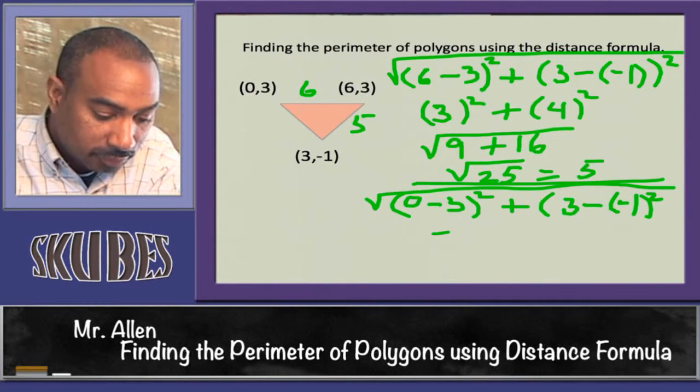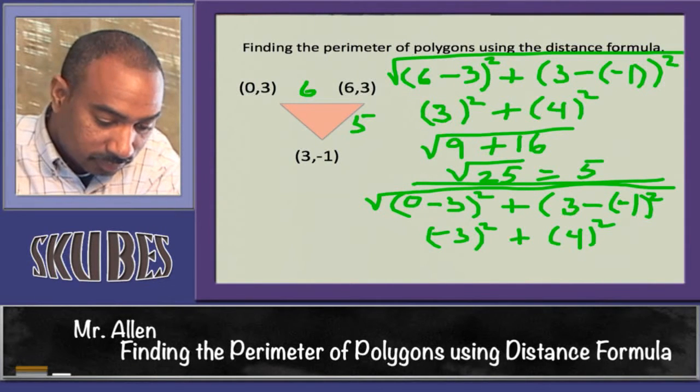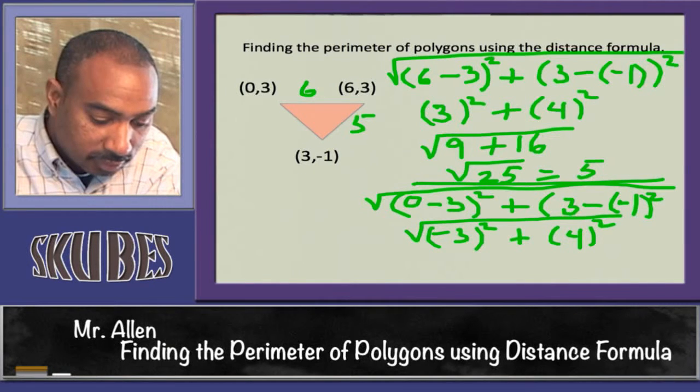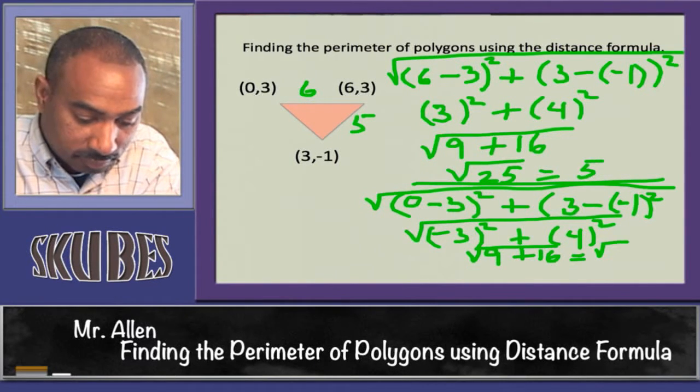So this is negative 3 squared plus 4 squared. That gives us 9 plus 16. And again, you're going to get the square root of 25, which is 5.